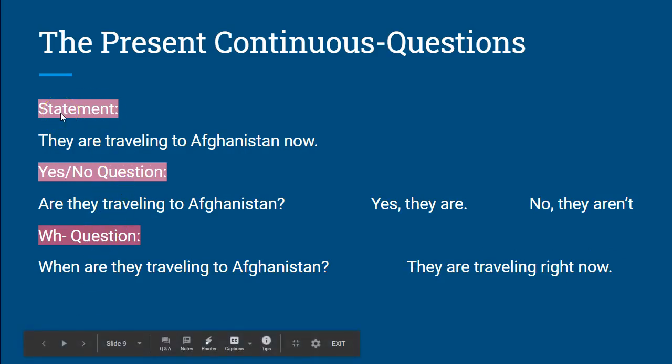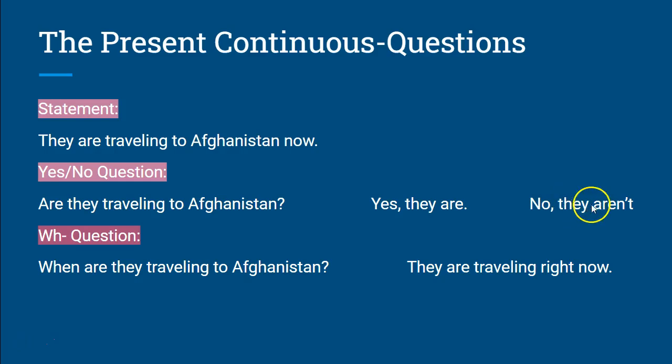Here are some more examples of how to make a question. Here's the statement. They are traveling to Afghanistan now. To make it a yes/no question, we move are to the front of the sentence. Are they traveling to Afghanistan? Short answer, yes, they are.